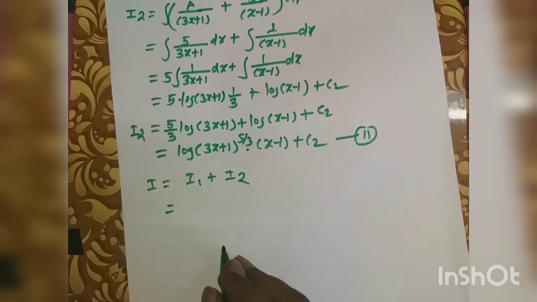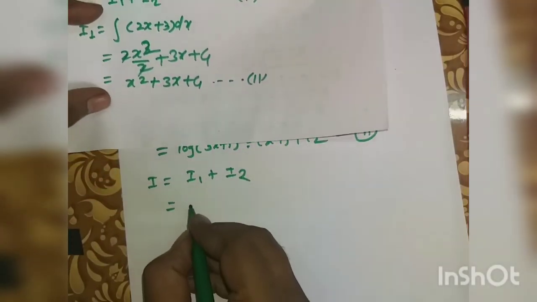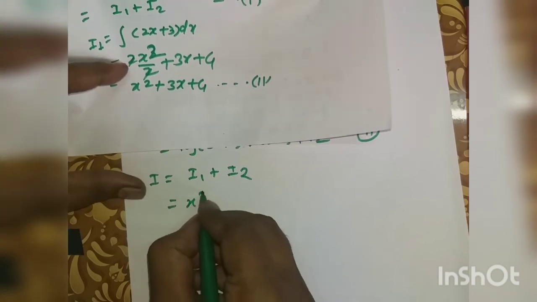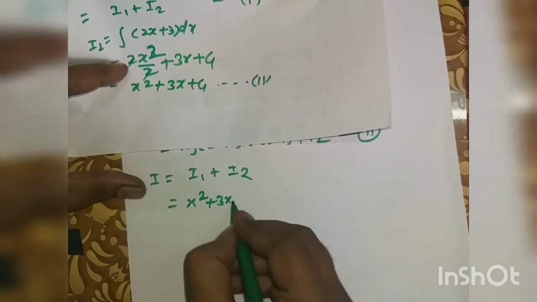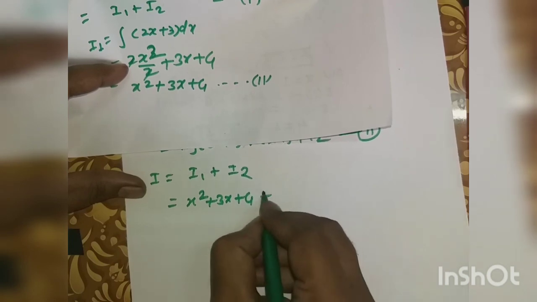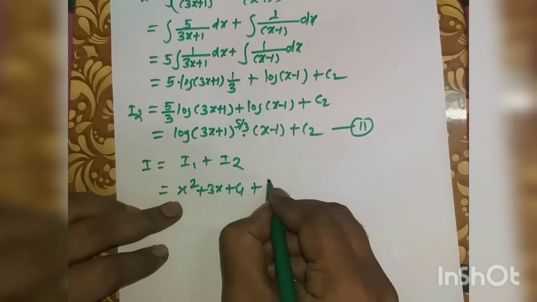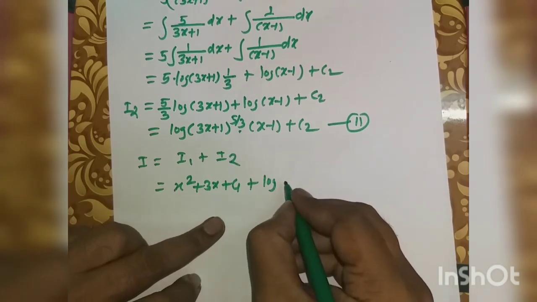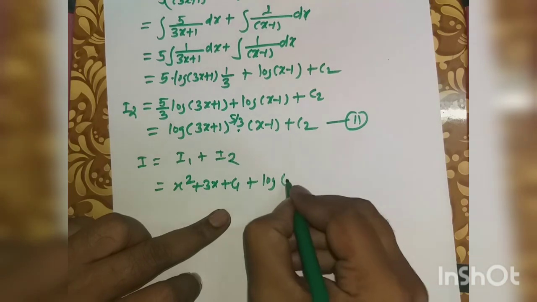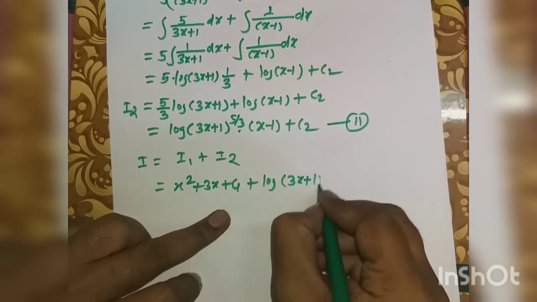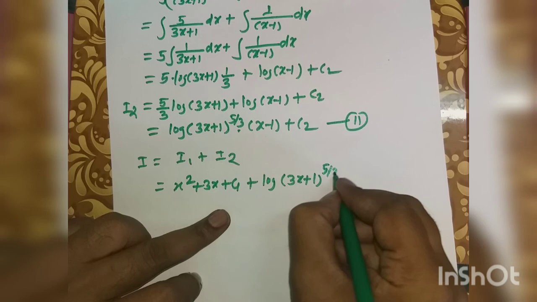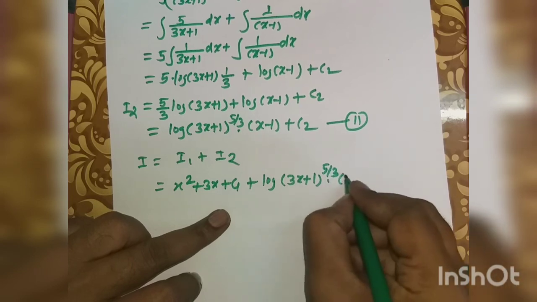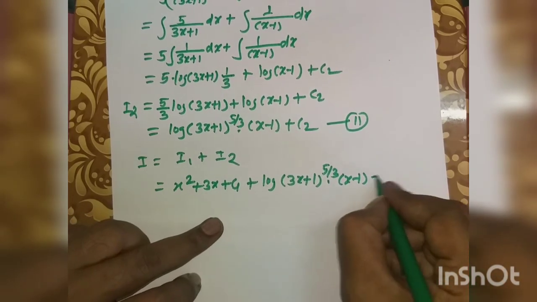I1 is already calculated first: I1 is x squared plus 3x plus c1, plus I2, which is log of 3x plus 1 raised to 5 by 3 into x minus 1 plus c2.